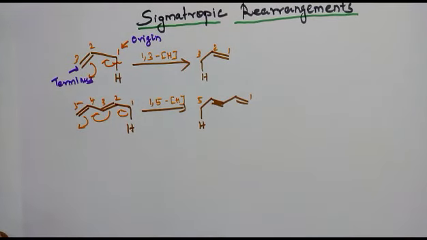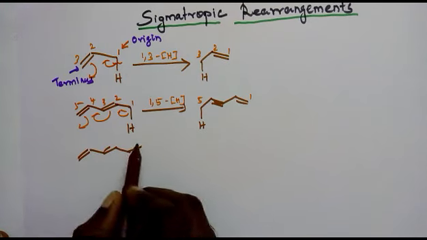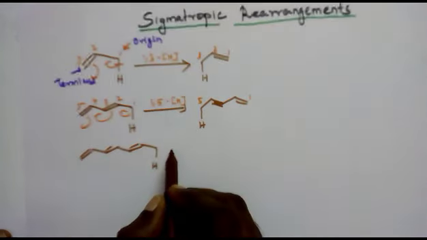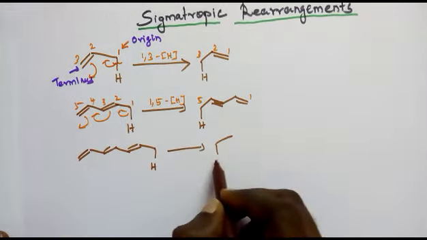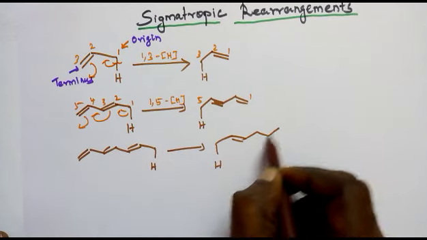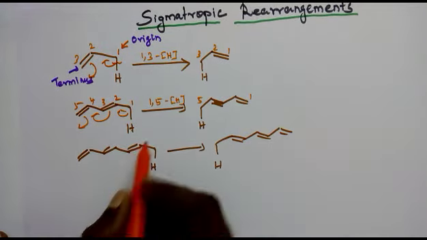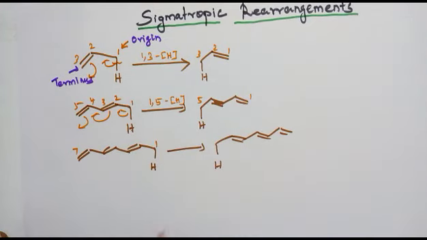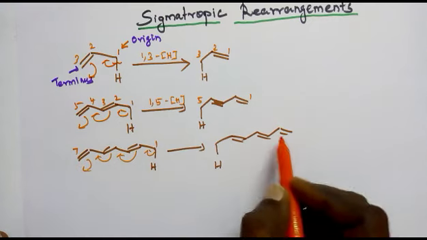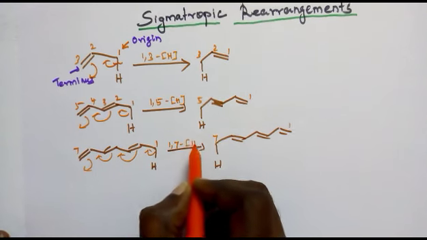Similarly, here you see carbon number 1, and this is carbon number 7. So the hydrogen migrates from carbon number 1 to carbon number 7. Okay, 1 to 7. So this is called a 1,7 hydrogen shift.